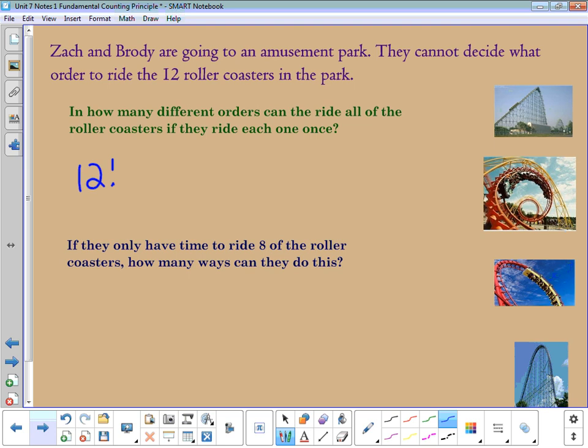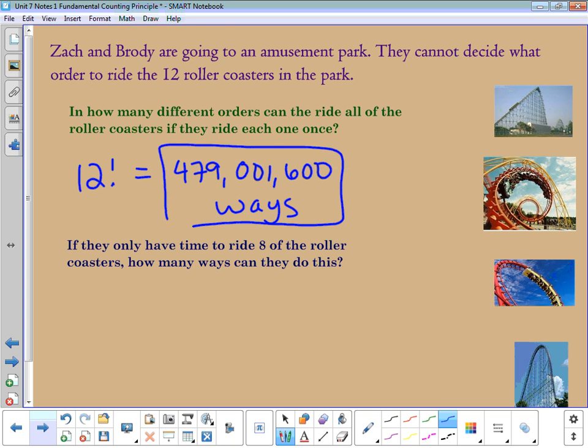After they ride that one, then there's only 10 for the third, and so on, all the way down to 1. So if I plug in 12 factorial into my calculator, I end up with 479,001,600 ways. Big number there. There's lots of different ways that we could ride those roller coasters, lots of different orders.